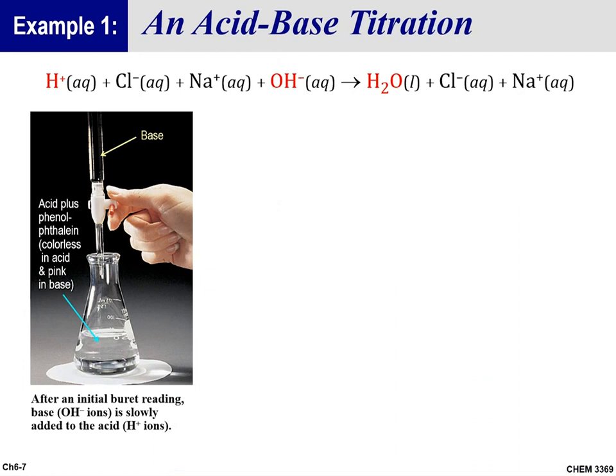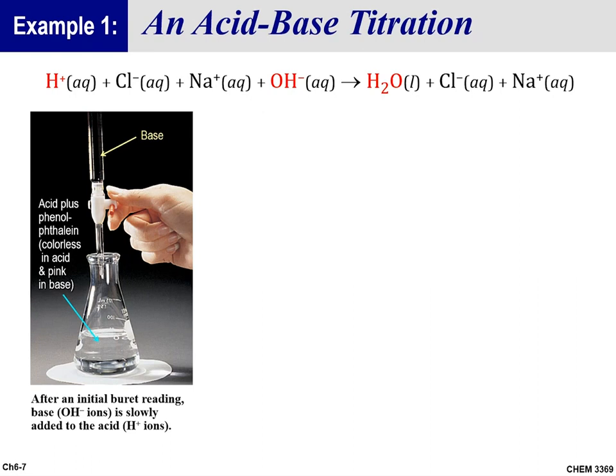Because the indicator in acid-base titration is phenolphthalein, okay? So let's take a look at a couple of examples of titrations, and let's start with acid-base titration, with the endpoint where phenolphthalein is the indicator.